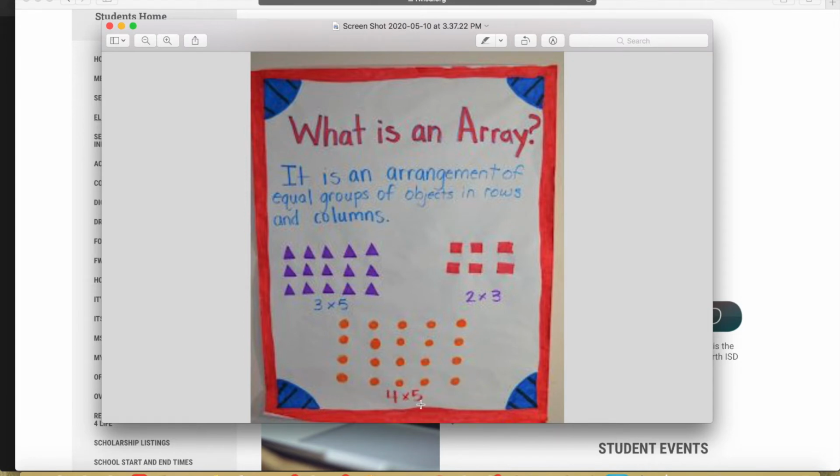Where'd they get this 5 from? What did they have to count for the 5? They had to count the columns that go up and down. So you have 1, 2, 3, 4, 5. Great job.